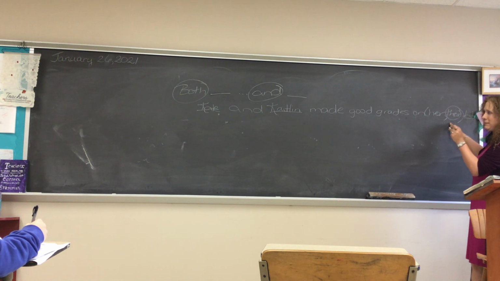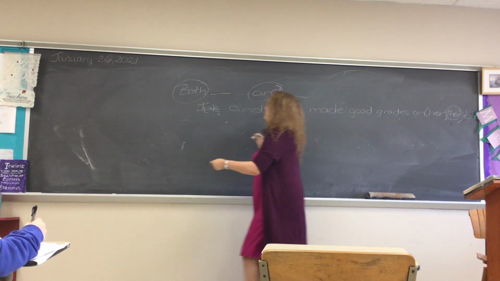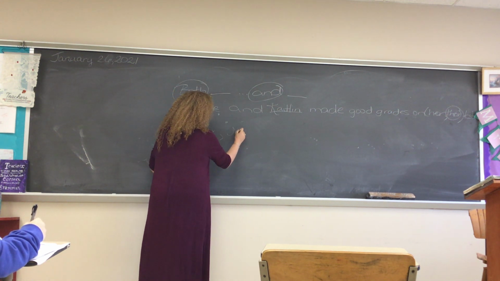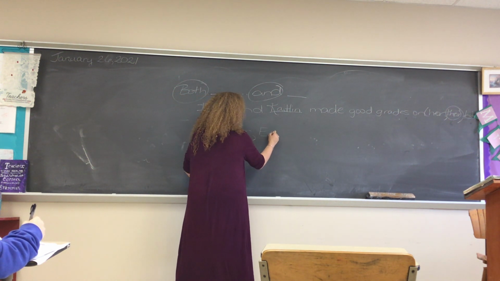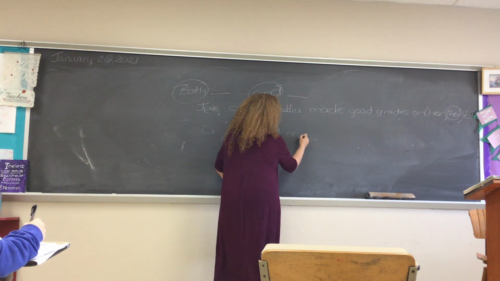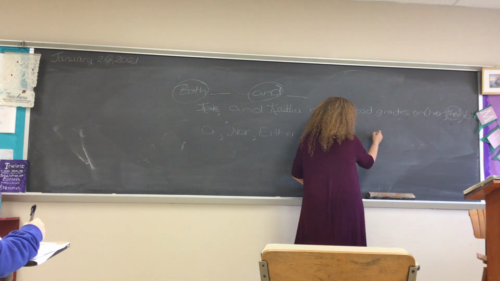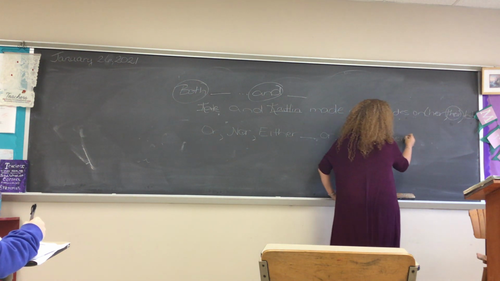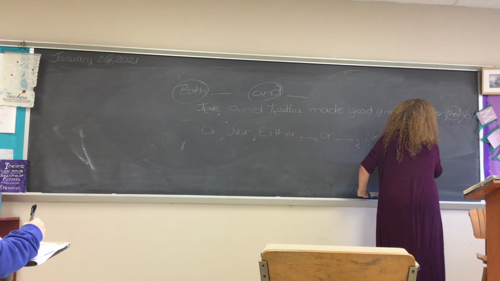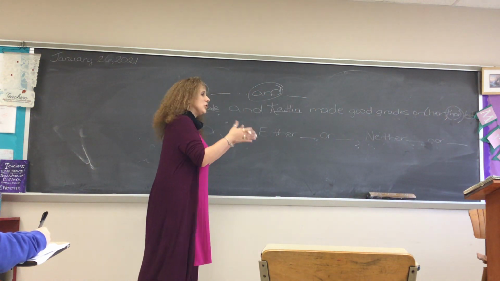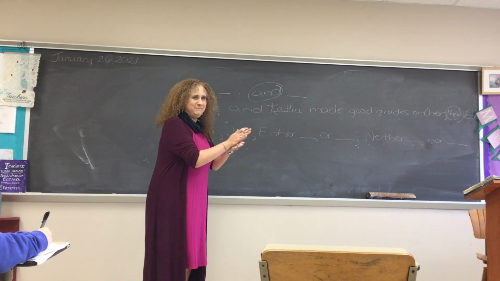Now, the same thing as we did for subjects and verbs on the other rule, okay? If they're joined by or, nor, either or, neither nor, if they're joined by these, you look at the one that's closest to the pronoun.